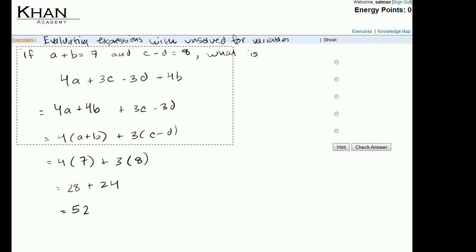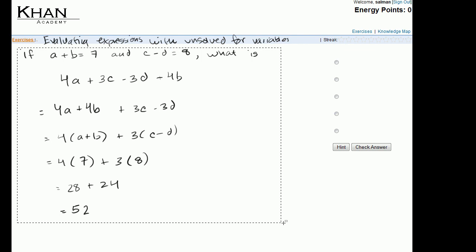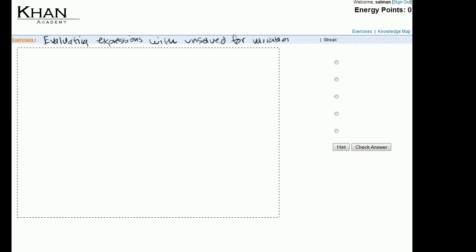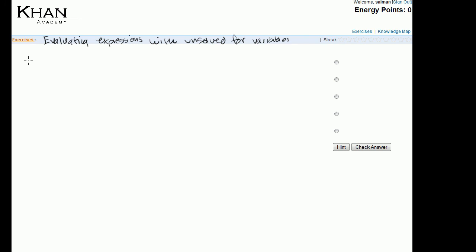And then we could even do things where we ask the students to solve for things. So say we had a situation where we tell the student that y minus z is equal to 10.